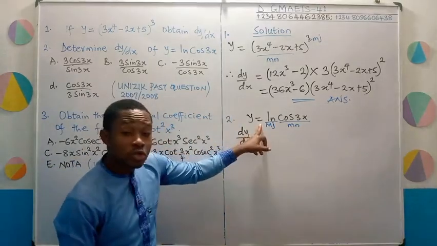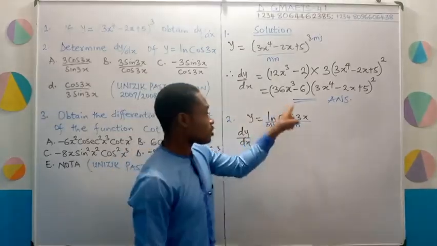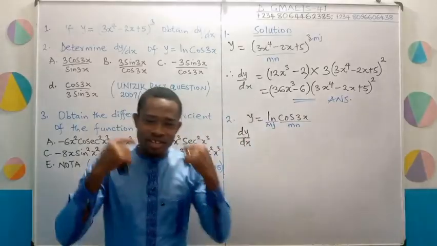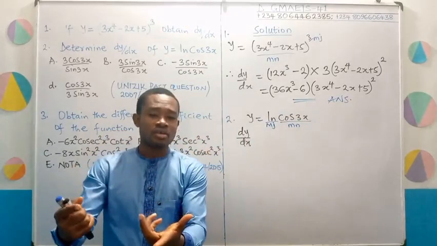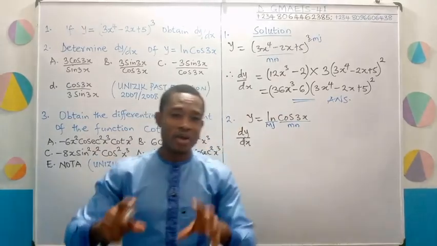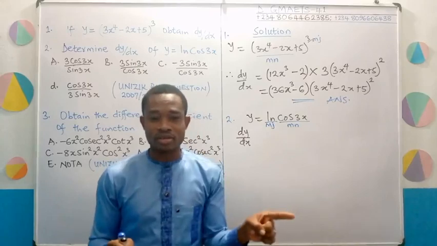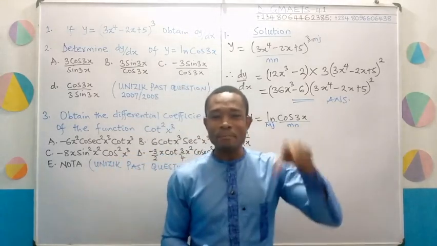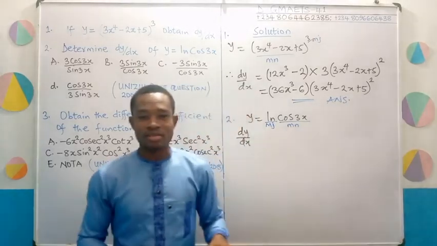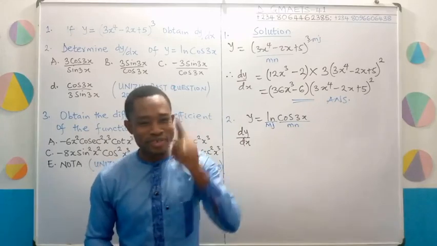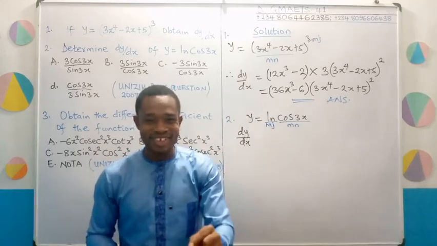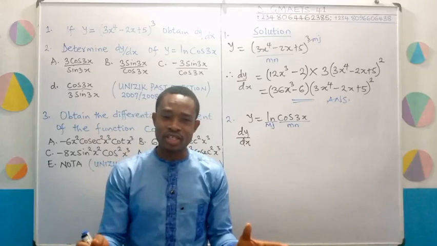y is equal to ln cos 3x. But again, listen to that cos 3x. Cos is the major of that cos 3x, and 3x is the minor of that cos 3x. As a matter of fact, let me reveal this secret to you until we deal with chain rule in our next video. Are you following?